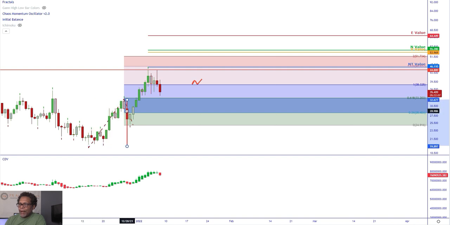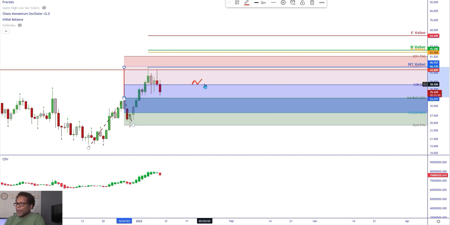The length of that leg, if I put it on top, is where my next value, my E value, is going to be. So my N value is there, and my E value would be right here. When I get into a trade in this area, I know the market could reach this level or this level. These are the main two levels I'm shooting for.